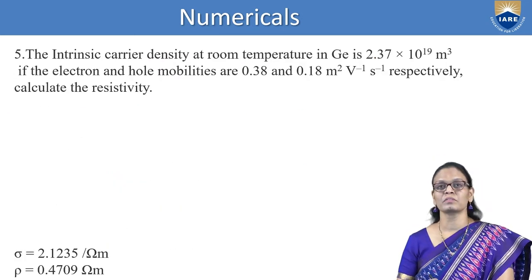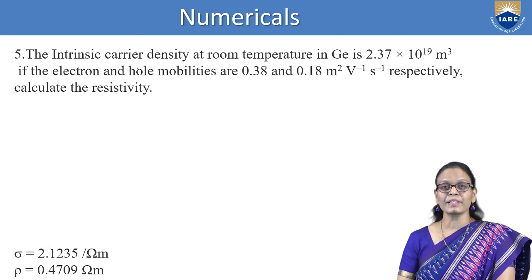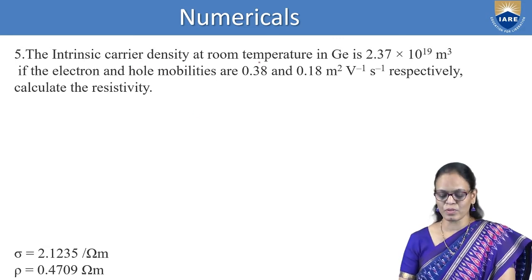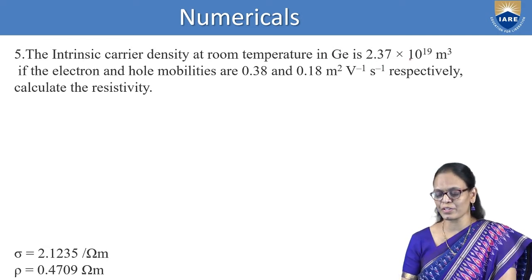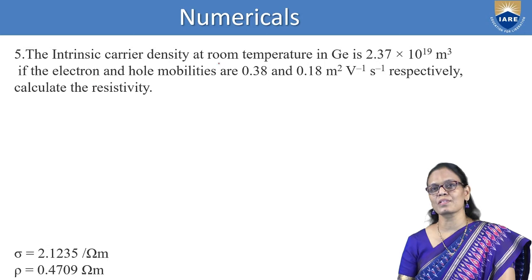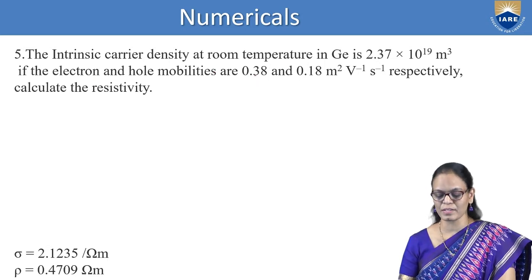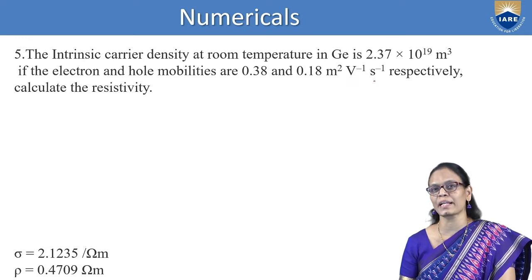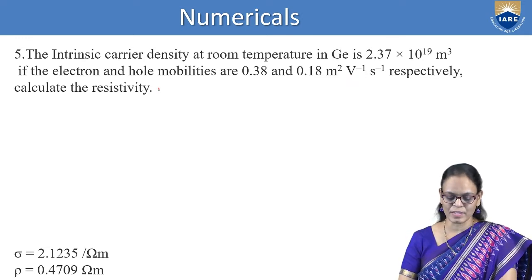Now one more. The intrinsic carrier density at room temperature in germanium is 2.37 into 10 power 19 per meter cube per coulomb. If the electron and hole mobilities are 0.38 and 0.18 meter square per volt second, calculate the resistivity.